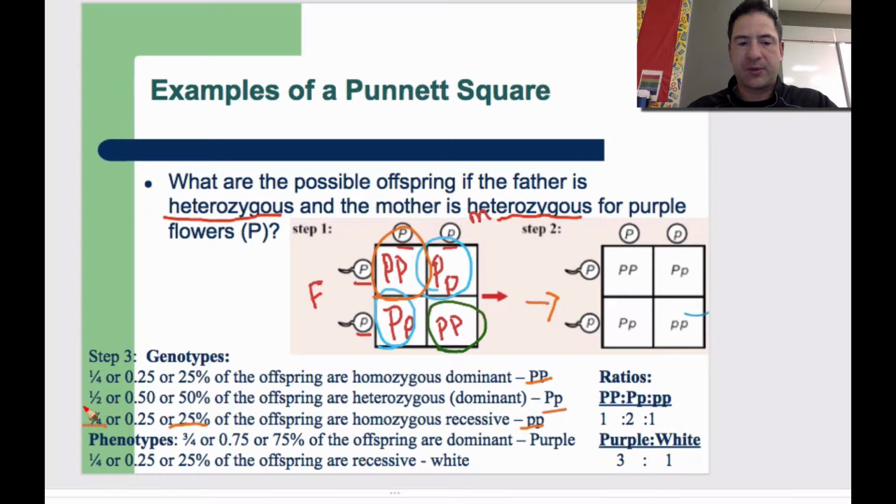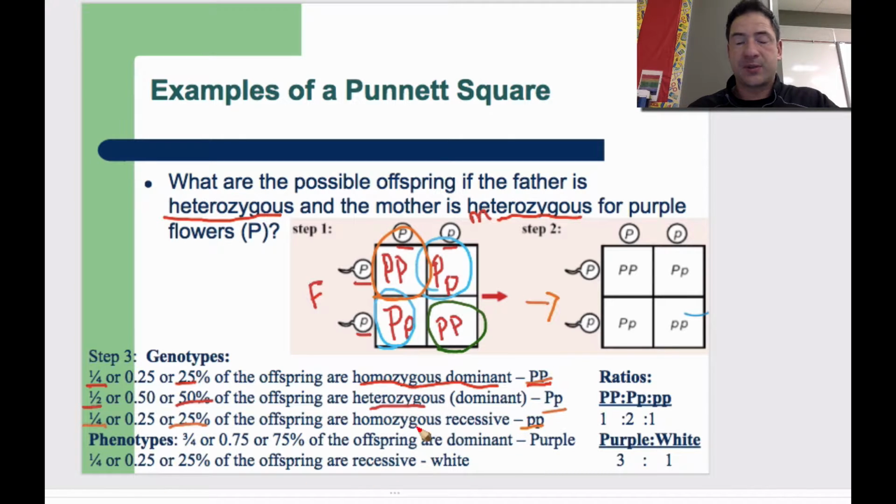But we're not worrying about that with the genotype. 1 out of 2 or 2 out of 4, or 50%, are going to be heterozygous. Okay, and then 1 out of 4 or 25% are going to be homozygous dominant, those two big uppercase P's, and they're going to have purple flowers.